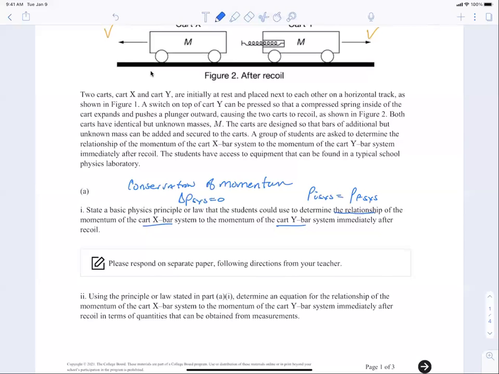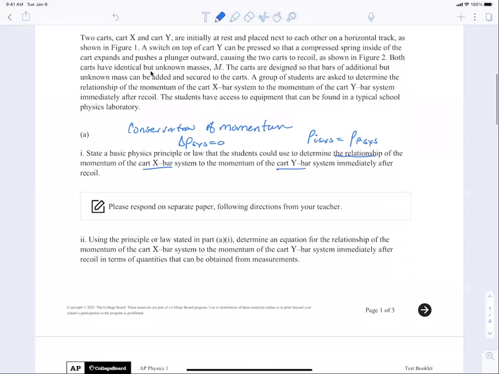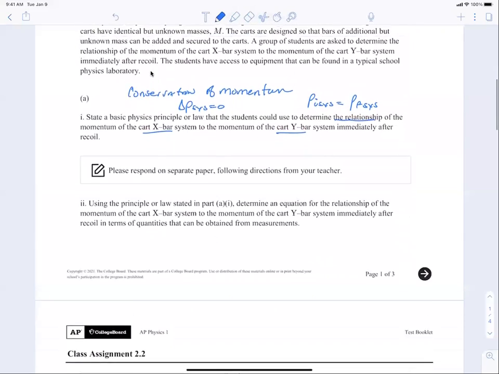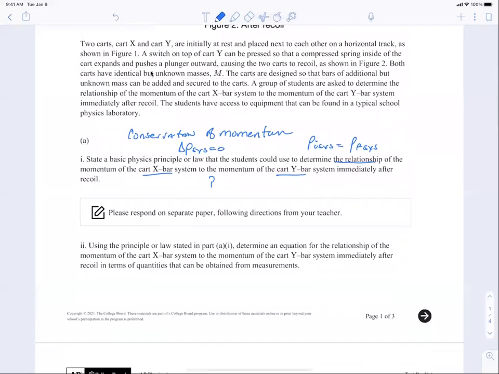All 3 of those are basically stating the principle, which is momentum is conserved. Using the principle, and I personally might say because no external forces to the X, Y cart bar system.